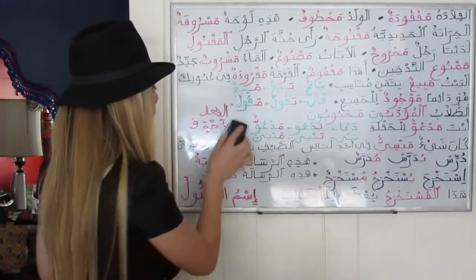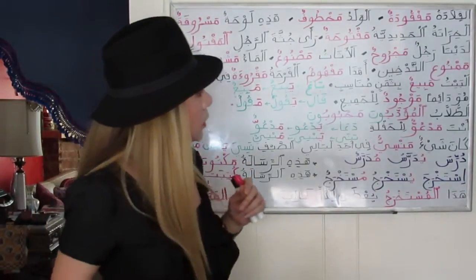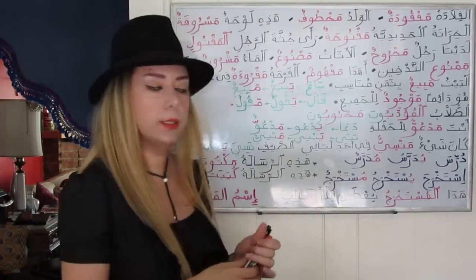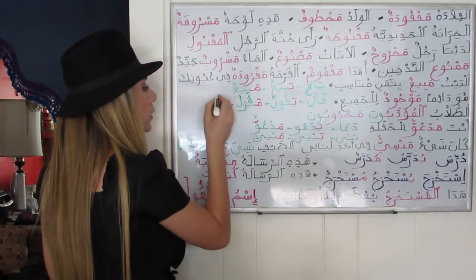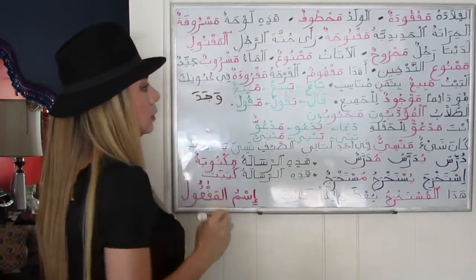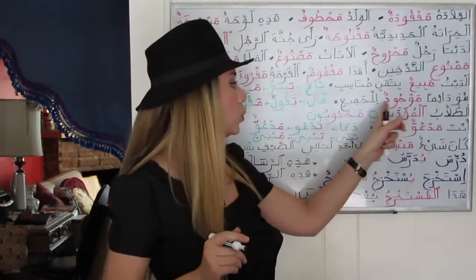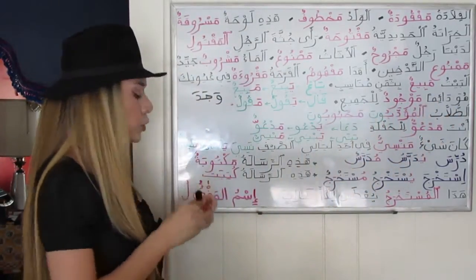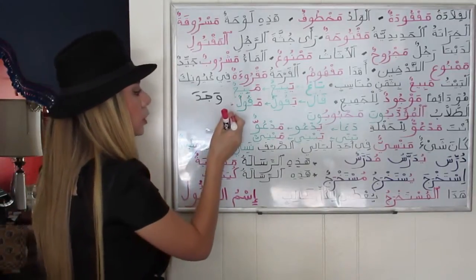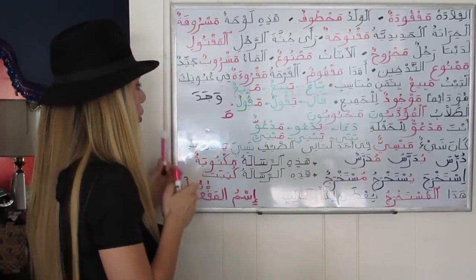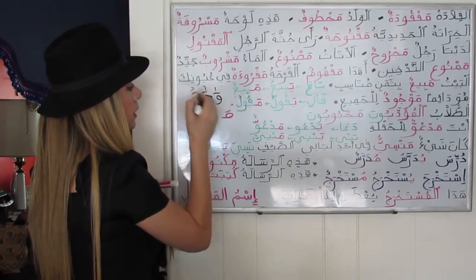Alright, so the passive participle of assimilated verbs whose first radical is a wow are completely regular. For example, وجد, to find. هو دائما موجود للجميع. So we have the pattern مفعول. This is our pattern. So mim belongs to the pattern. We have the first radical, second, third.